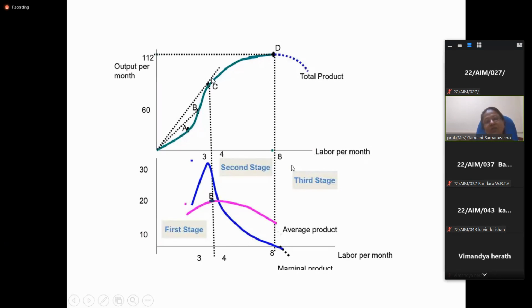But even though the total product is gradually increasing, that means the tree will grow, when you add 1 unit of urea, the per unit additional product is gradually decreasing. That's why the marginal product is gradually decreasing. Now clear, Bandara, with the example? Yes, madam. So gradually you can see, then if you use more and more nitrogen, what will happen?